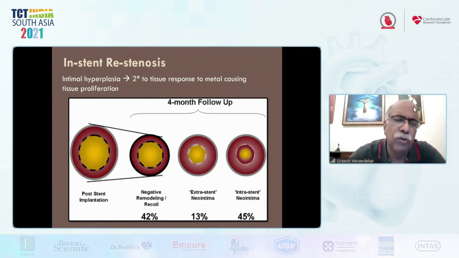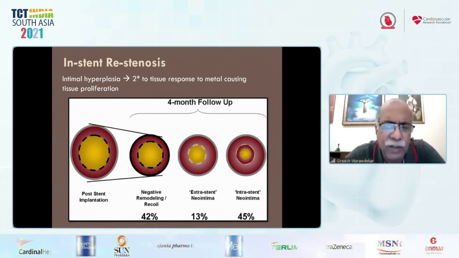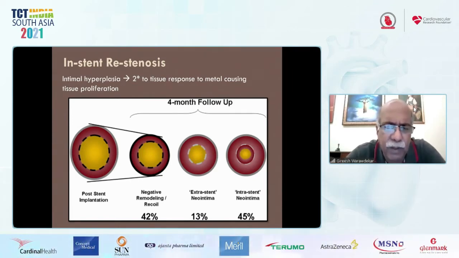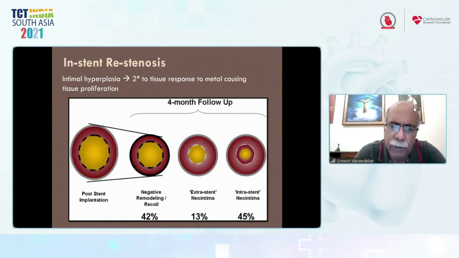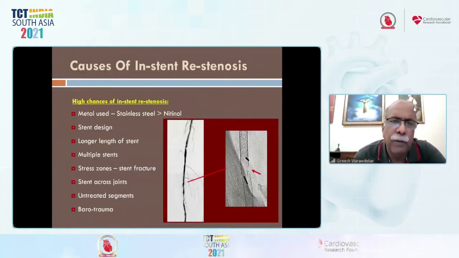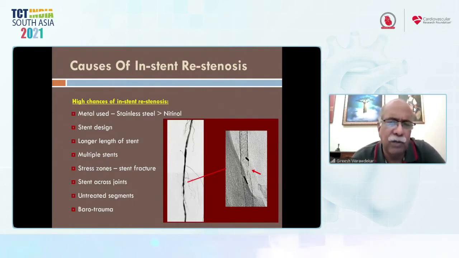So you could have in-stent stenosis, extra stent, neo-intimal hyperplasia, and of course recoil. What are the causes of restenosis in the stents? It all depends on the metal used, whether it's stainless steel or nitinol.